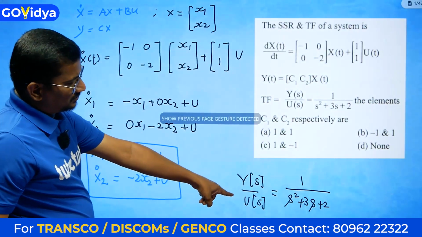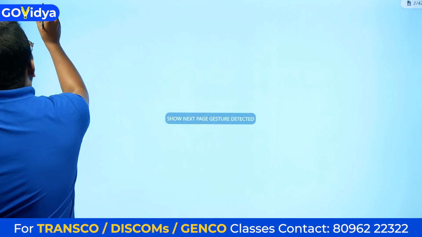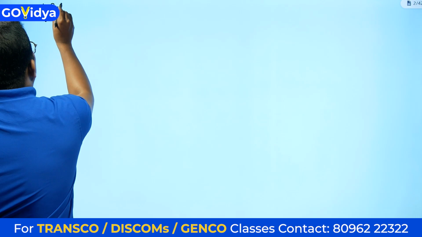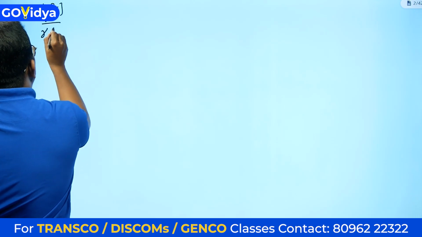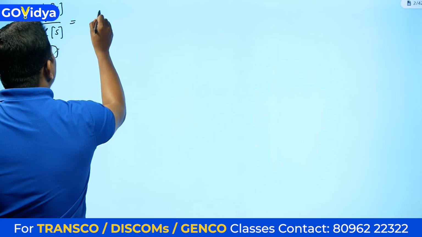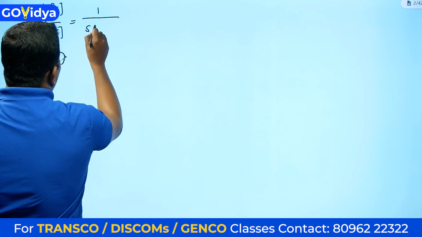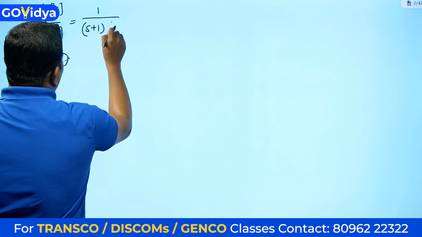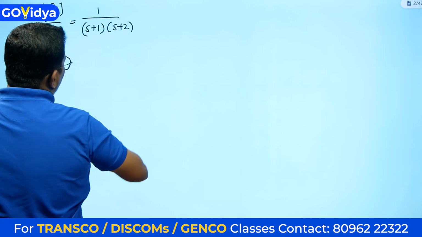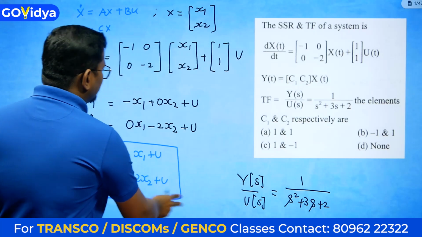You see, this is the transfer function, 1 by s square plus 3s plus 2. Y of s by x of s is equal to 1 upon s plus 1 into s plus 2, because this is simply s square plus 3s plus 2. Now, if you factorize it, you will get this.